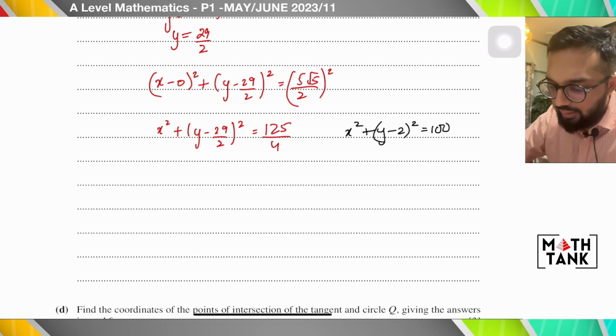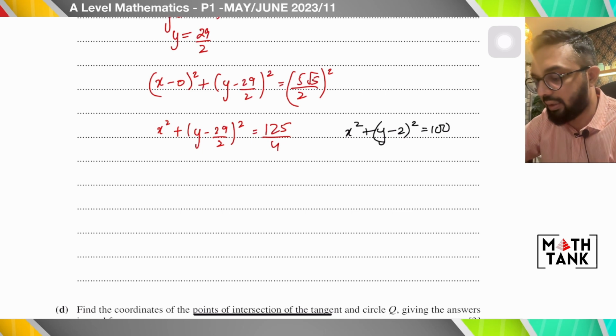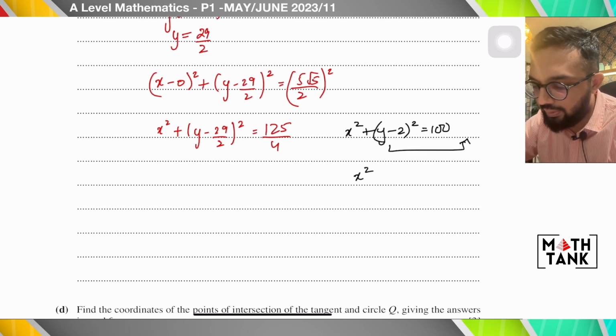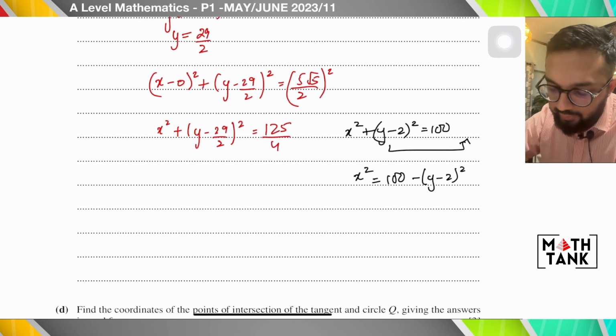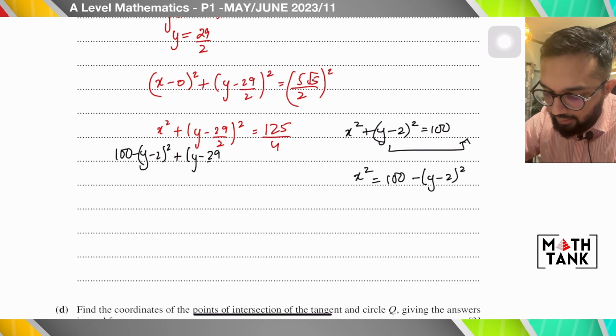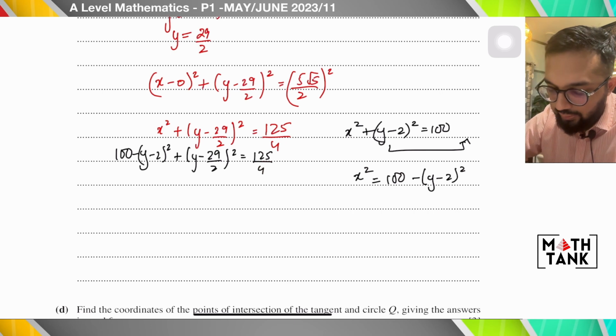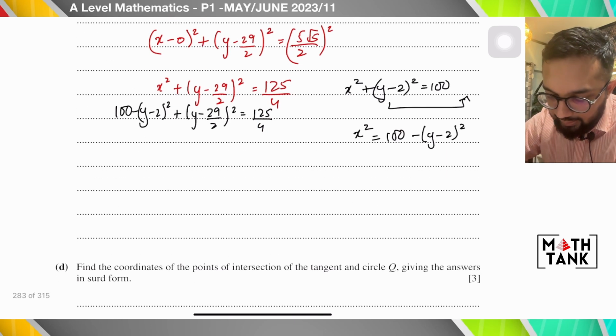So I can solve this simultaneously, take this to the other side and create a substitution: 100 minus y minus 2 whole square. So 100 minus y minus 2 whole square plus y minus 29 over 2 whole square equals 125 over 4. Let's quickly solve that.